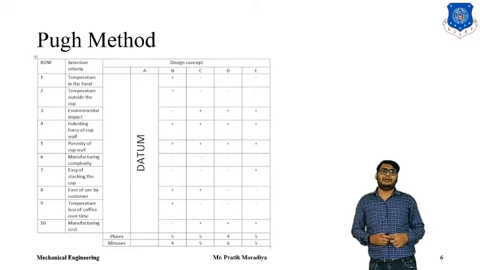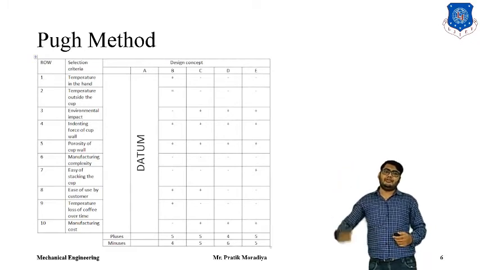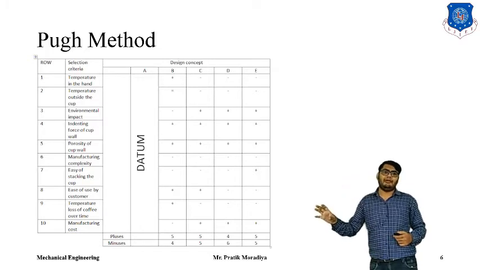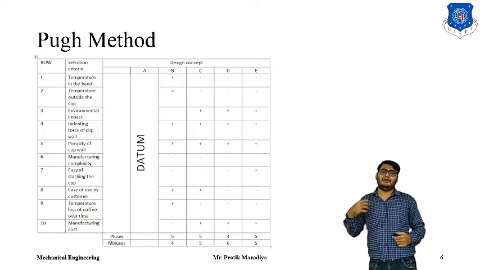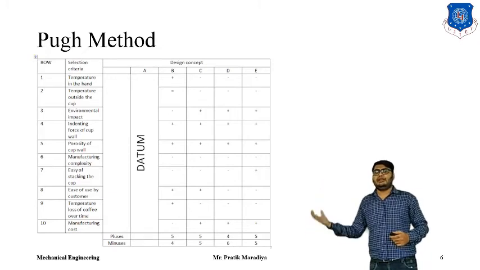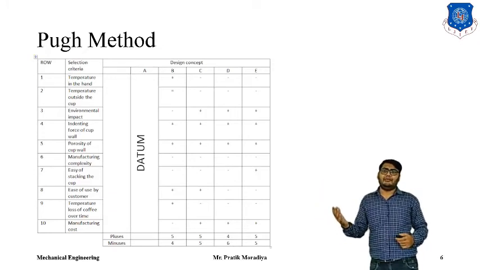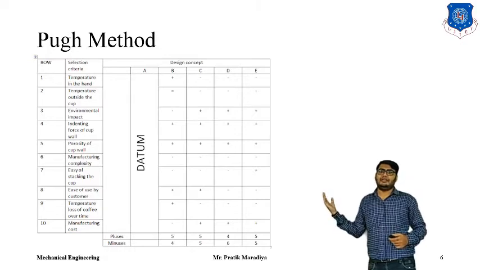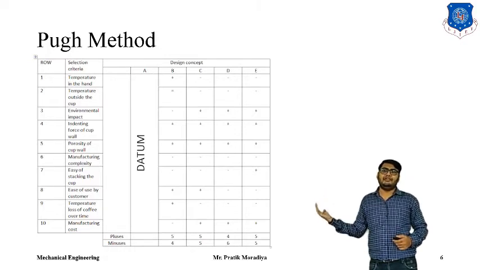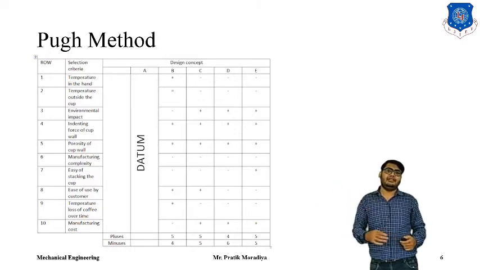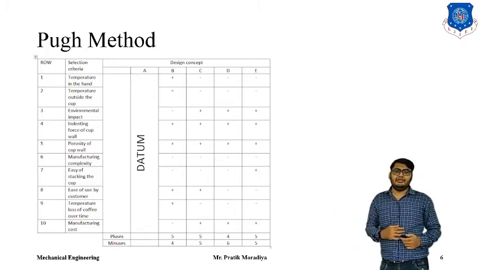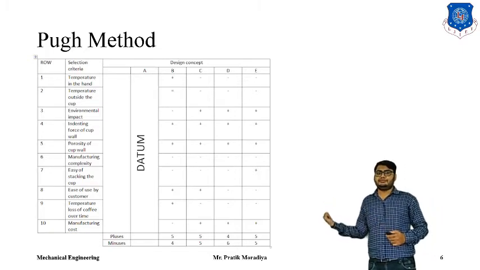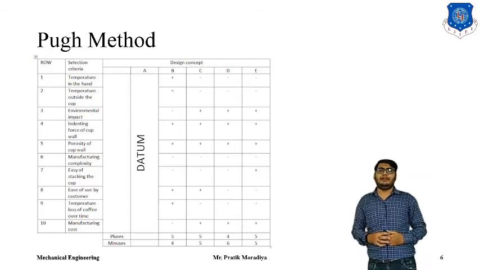In the PERG method, we make a list of all the properties that we want, and we take the material which we have selected or which we wish to use as a datum, and we compare other candidates. Here, material A is our datum, and B, C, D, and E are other candidates. We compare those with our datum.